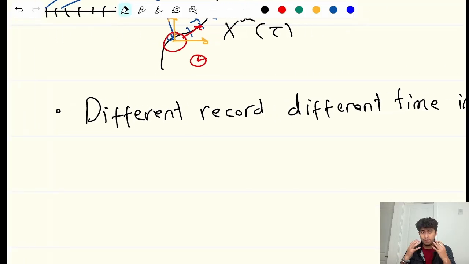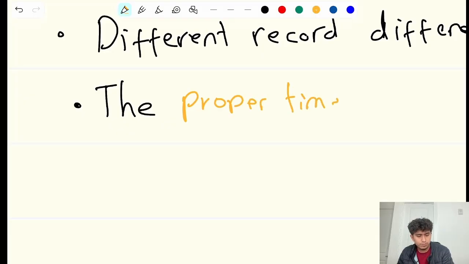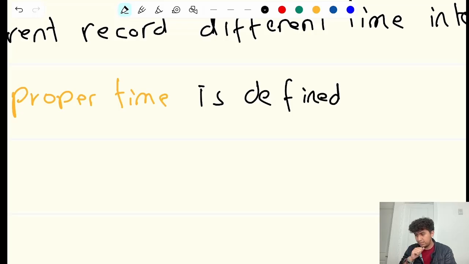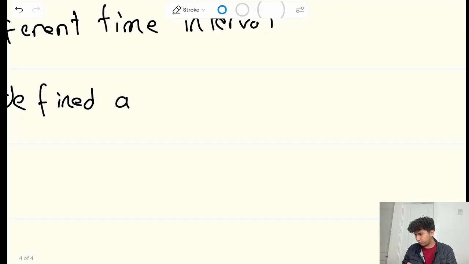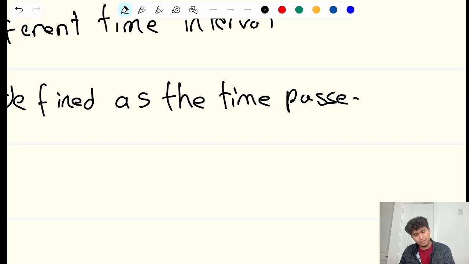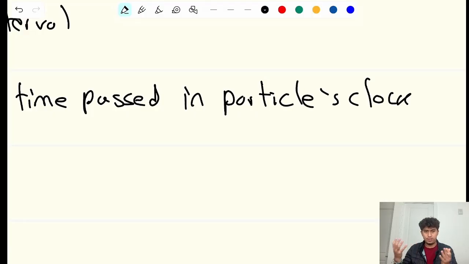But if we have this particle that has a clock and is moving around, then the proper time is defined as the time elapsed in the particle's clock. By clock, I just mean frame of reference.